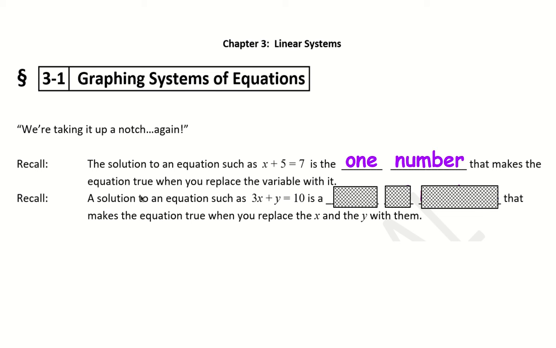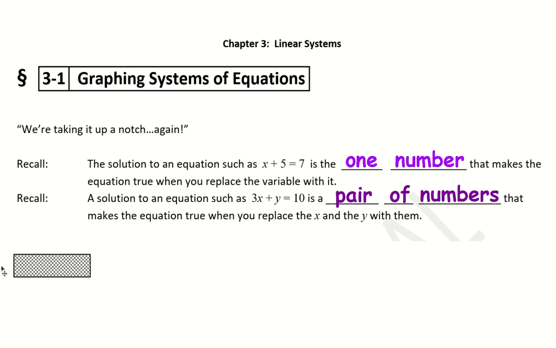When we talk about a solution to an equation such as 3x plus y equals 10, now that there's both an x variable and a y variable, the solution has to be a pair of numbers that makes the equation true when you replace the x and the y. So one number to go in for x and one number to go in for y.